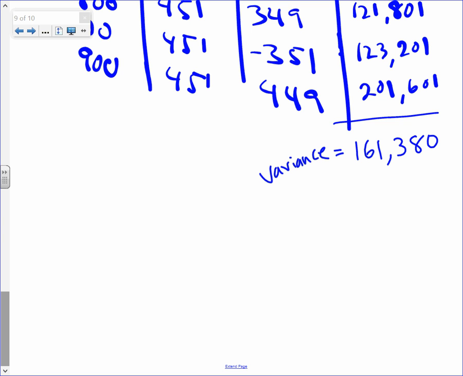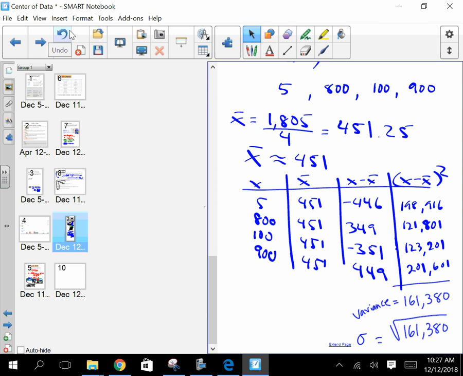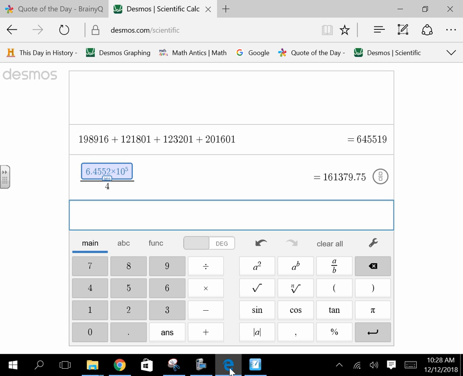So the last step says square root the variance. That's your sigma. That's your standard deviation when you take the square root of that puppy. The cool thing is my calculator already has it on the screen. So let me take the answer, let me take the square root of the previous answer, the 161,379.